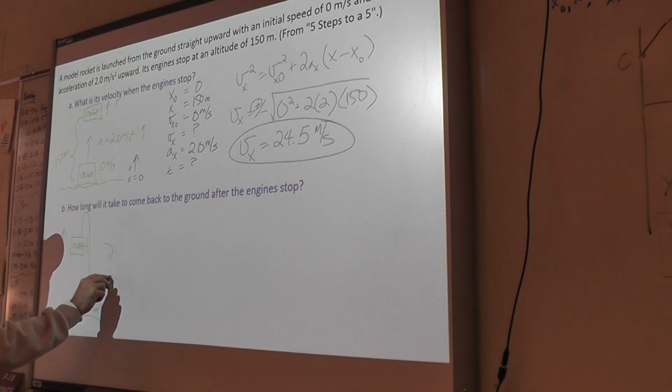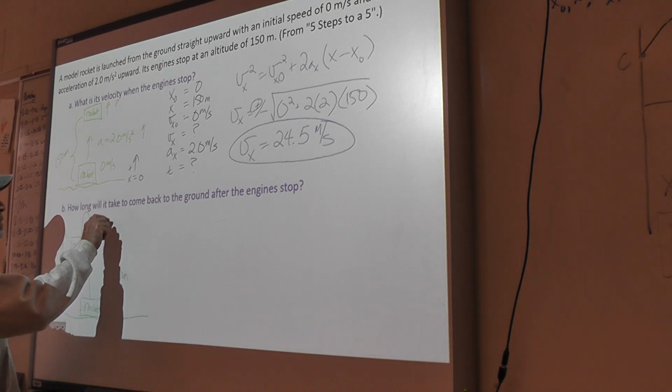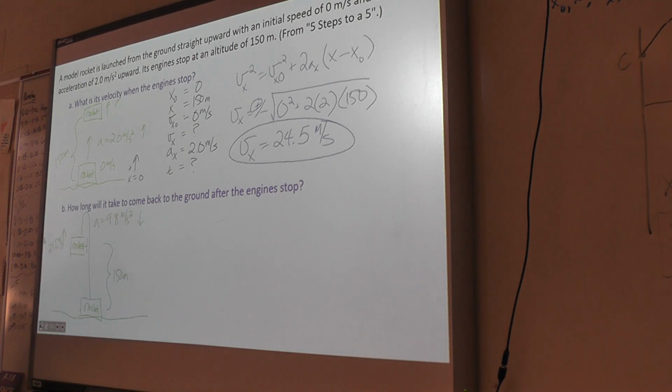We know that it starts 150 meters above the ground, because that's where the engine's shut off. And we know it's in free fall. So the acceleration is going to be 9.8 meters per second squared downward. Okay? And that's all we know.